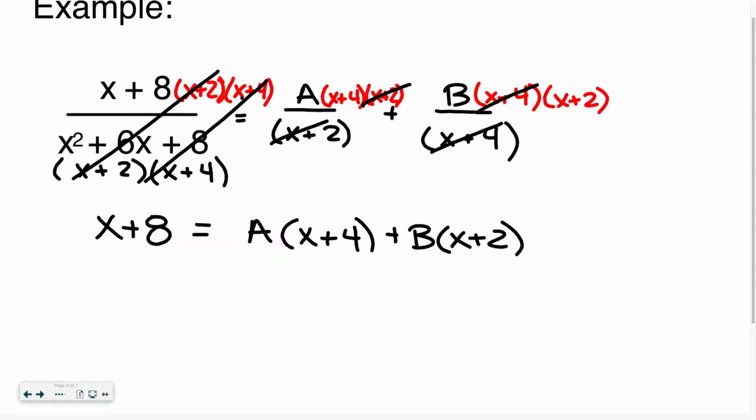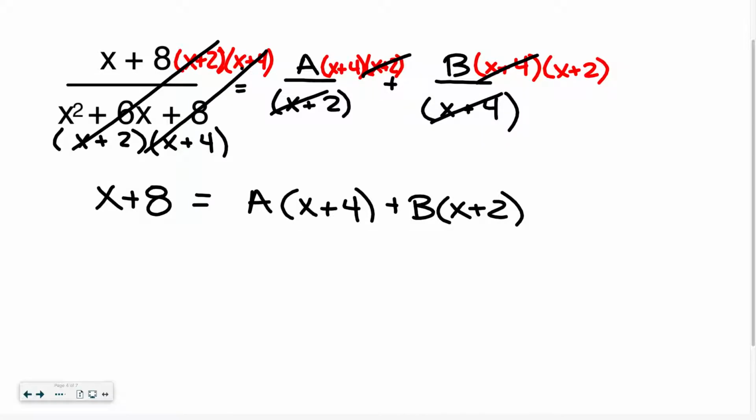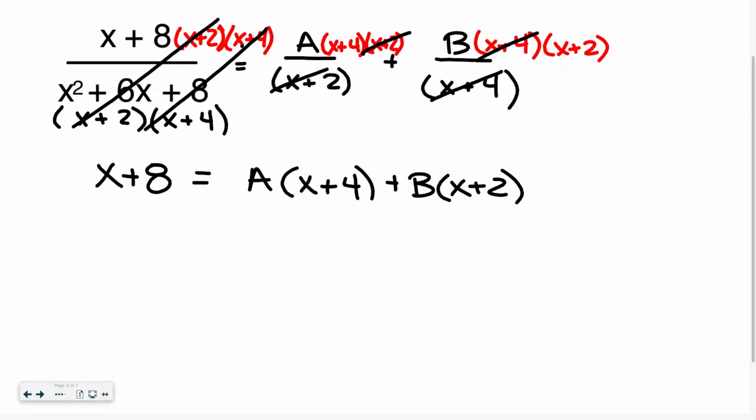Okay. But remember in step 4, my hint to you, because now we don't have any fractions, right? My hint to you in step 4 for solving for constants was choose x's that are the zeros of your factors. So over here where a and b are being multiplied by something, what's the 0 of x plus 4?